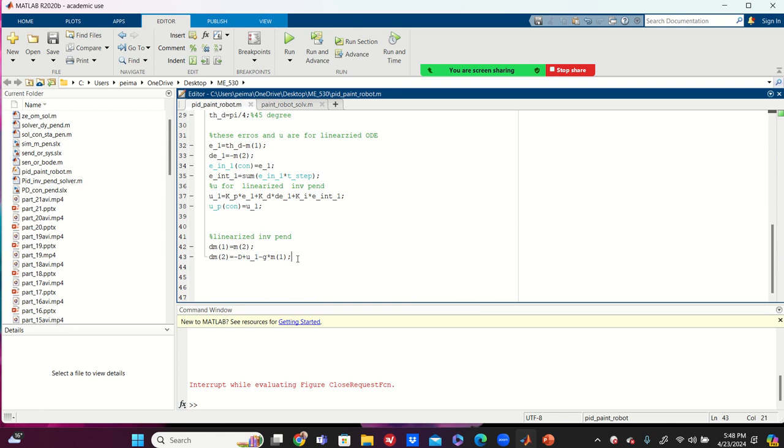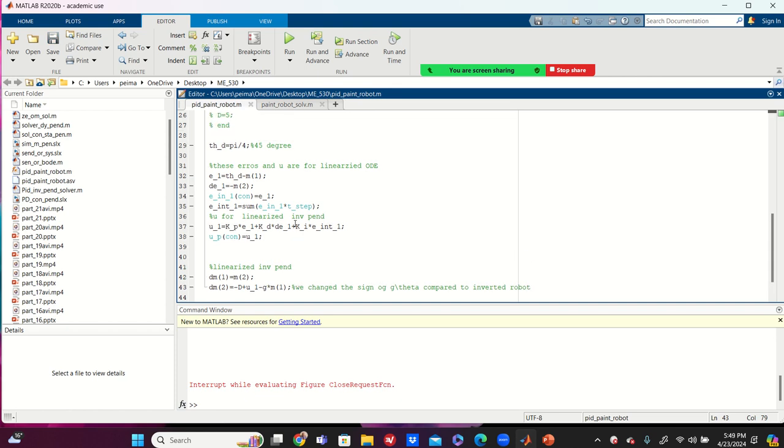So here we changed this sign of G theta or GM1 compared to the inverted robot.